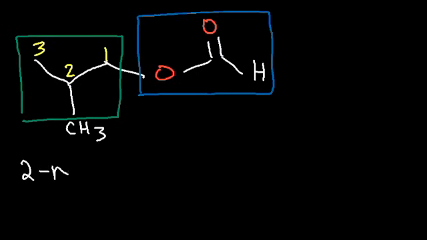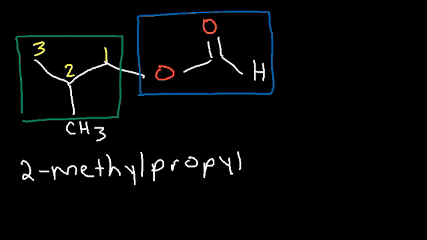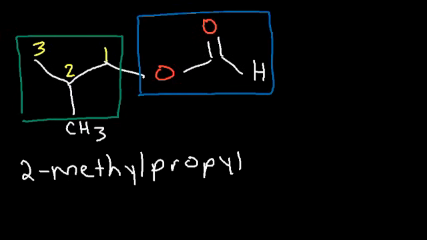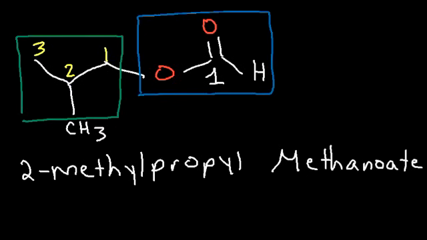So it's 2-methyl, and there's 3 carbons in a parent chain, so that's going to be propyl. And now this is the parent name of the molecule, and there's only 1 carbon there, which is associated with methane, so that's going to be methanoate. So combined, this ester is called 2-methyl propyl methanoate.